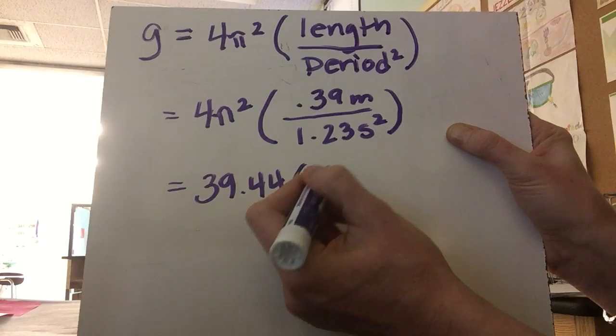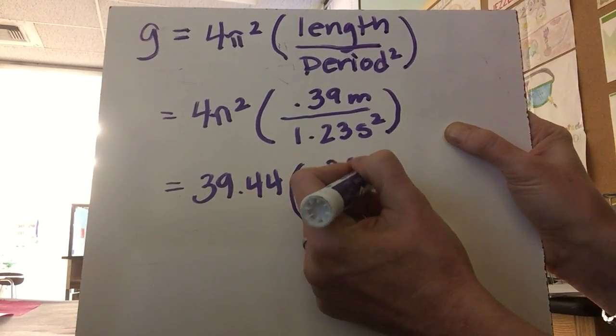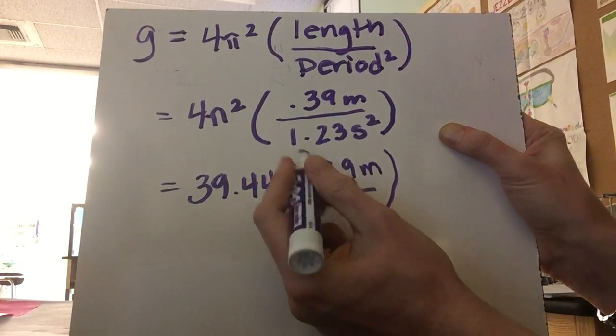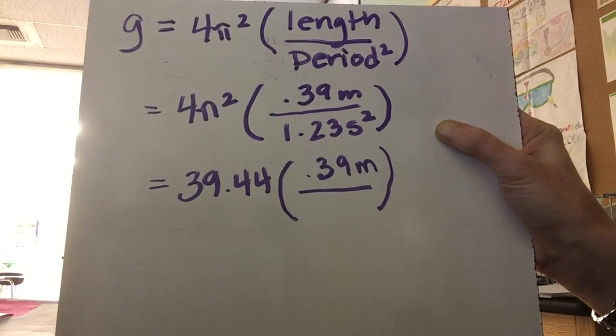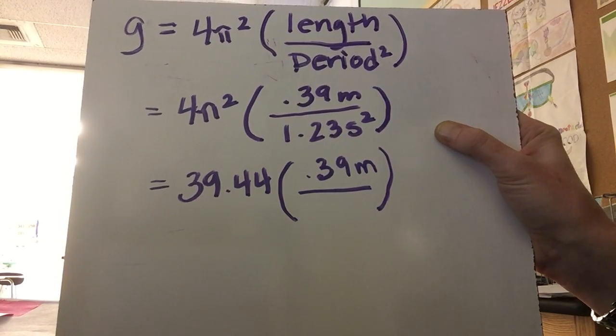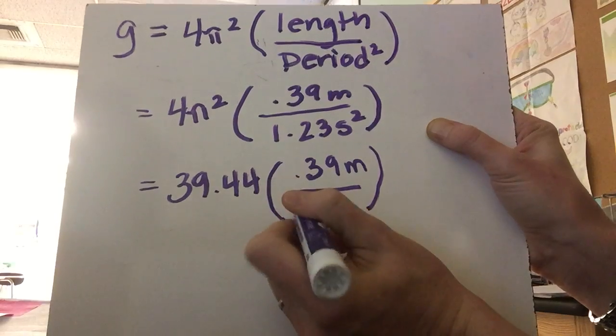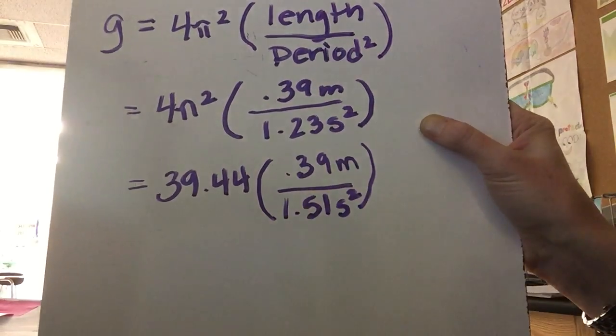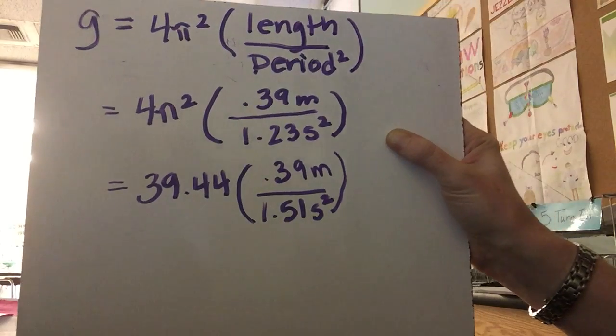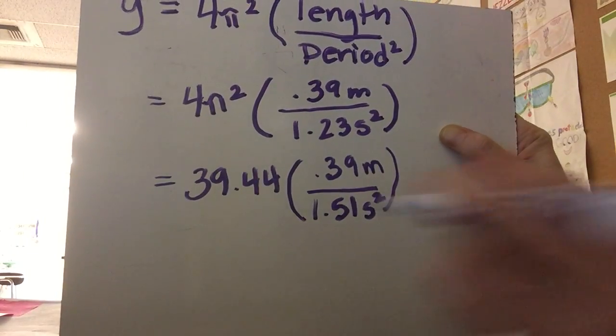Then this number stays the same, my meters there, but I do have to square this 1.23. So I'm going to take 1.23 times 1.23, and that's going to give me 1.51 seconds squared. Okay. Now I just have to fill in the problem.